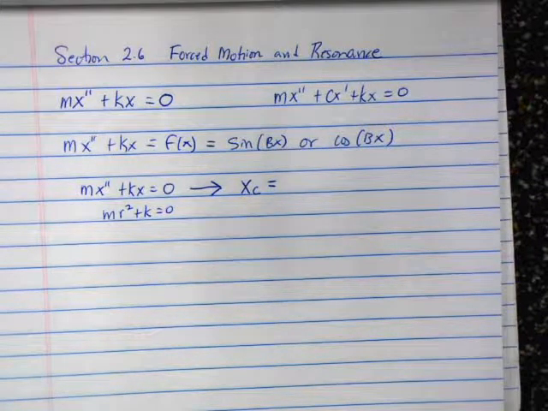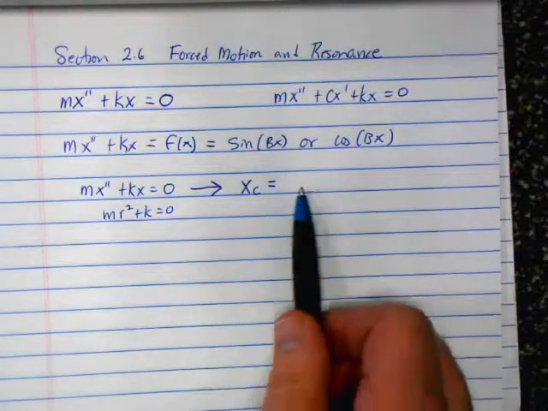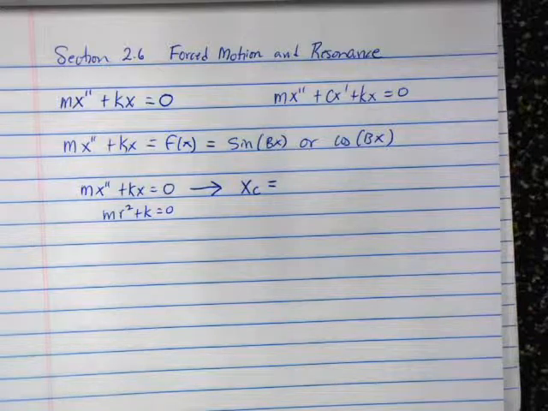So what kind of answers did you get to that characteristic polynomial? Imaginary. You got imaginary answers, which told us our answer had sine and cosine. But then we did a whole bunch of fancy trigonometry, and we wrote it as one cosine function, didn't we?